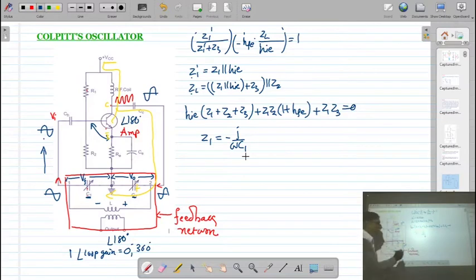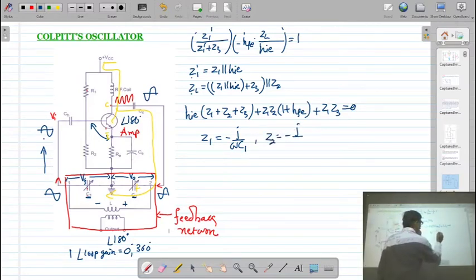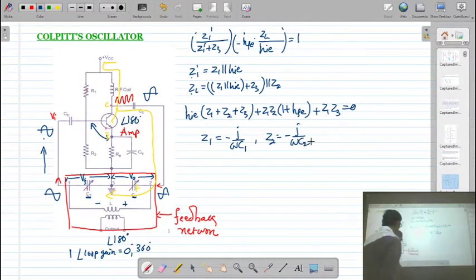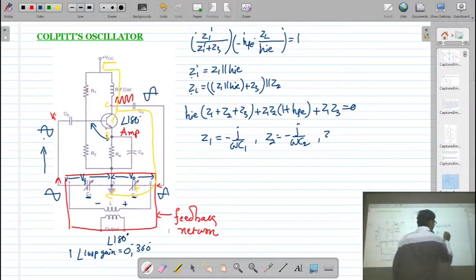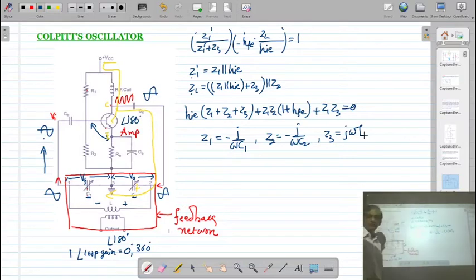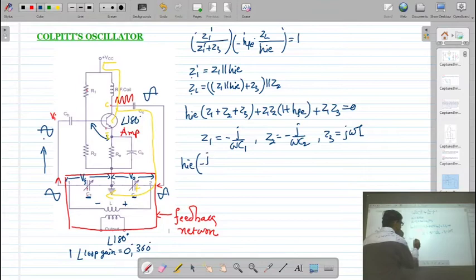What is Z2? It is also a capacitor, so Z2 is equal to minus j by omega C2. And Z3 is nothing but an inductor, so j omega L will be there.